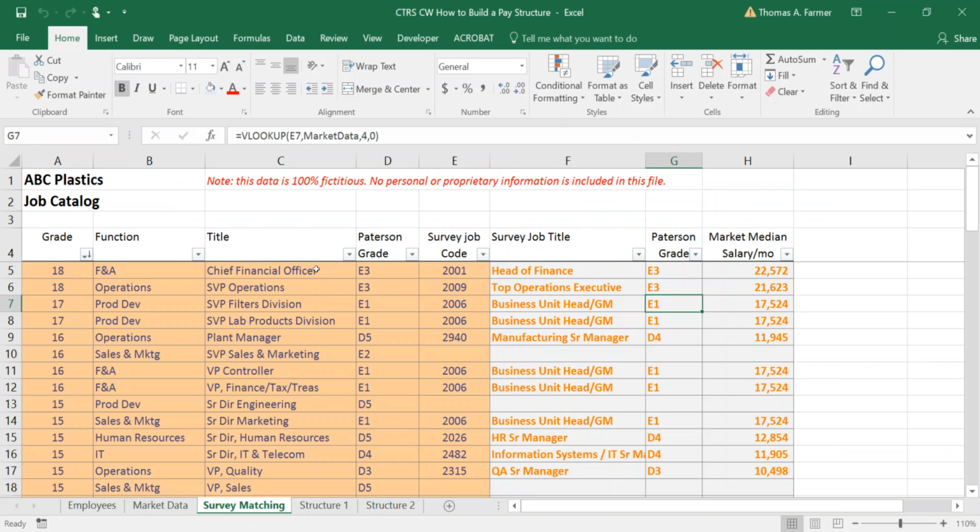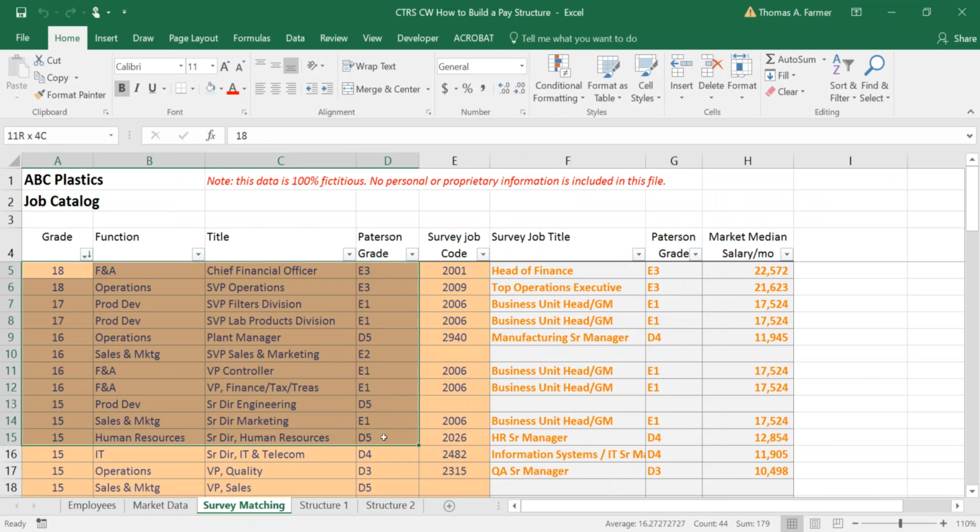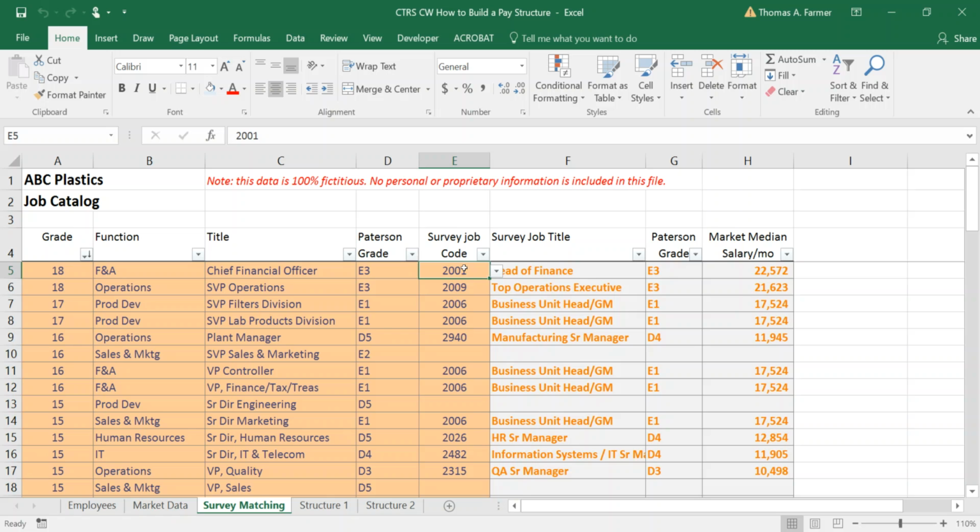Finally, I have a matching worksheet here, which has all the unique job titles in the company, including their Patterson grade. And then I've set up this worksheet to capture and store and document all my matches, where all I have to do is enter the survey job code, in this case 2001, and that's my match. It pulls in head of finance, Patterson grade E3, and the aged market value of 22,572.